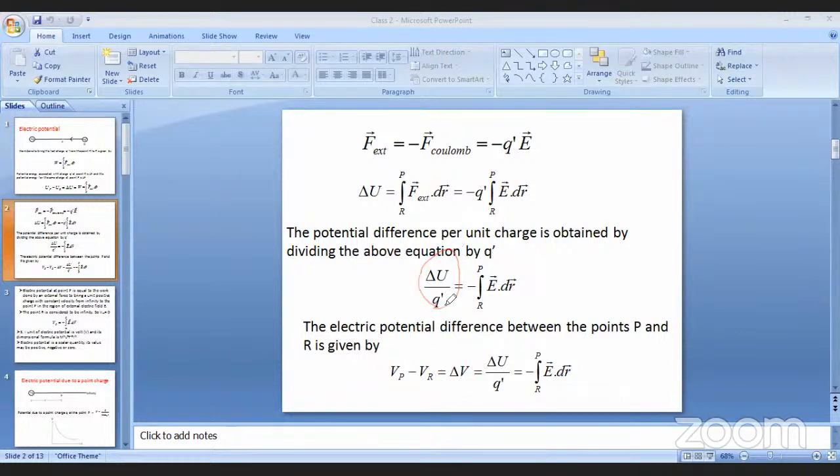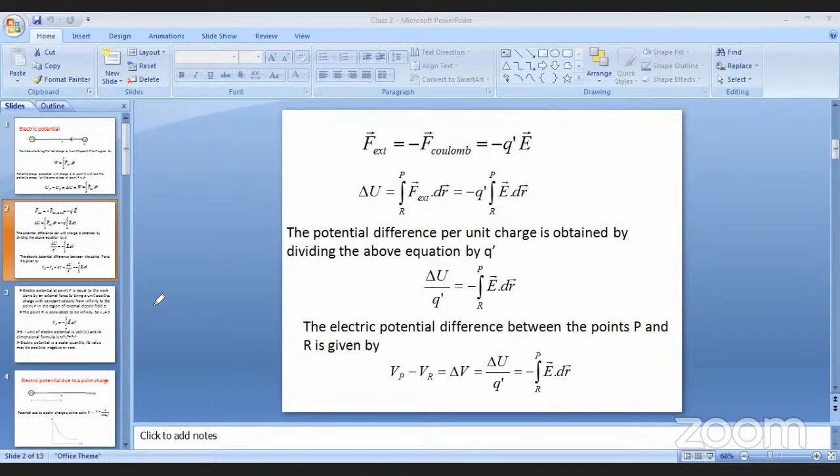That is the difference in potential energy per unit charge. That is actually the potential difference represented by delta V. So delta U by Q prime equals minus integral E dot dr, and the integration limits are R to P. So this is the meaning of electric potential and electric potential difference.